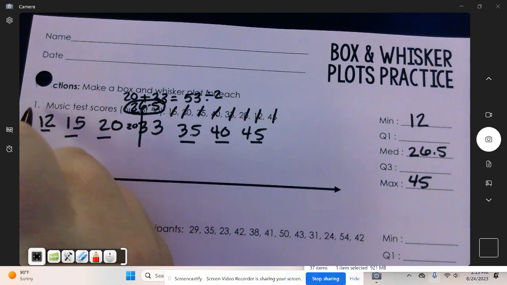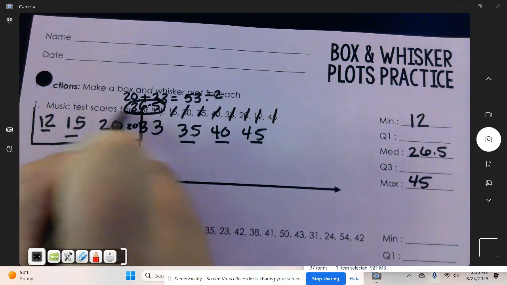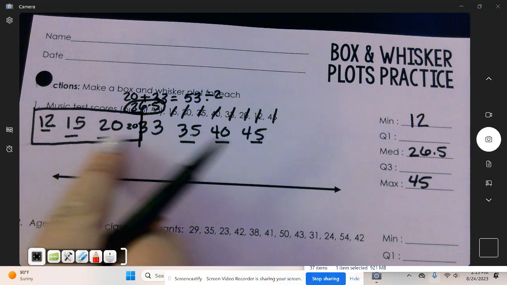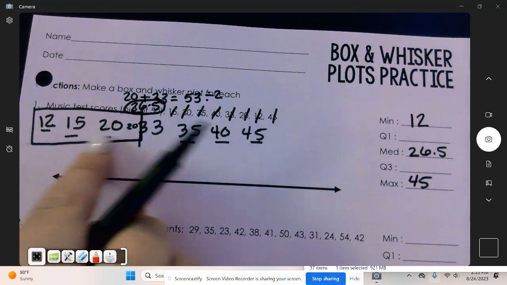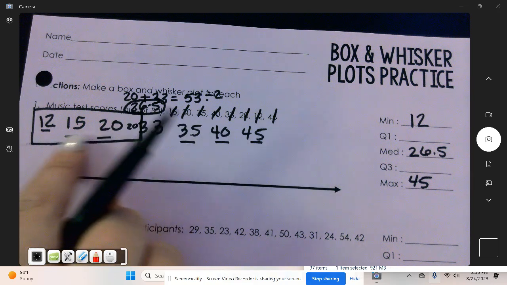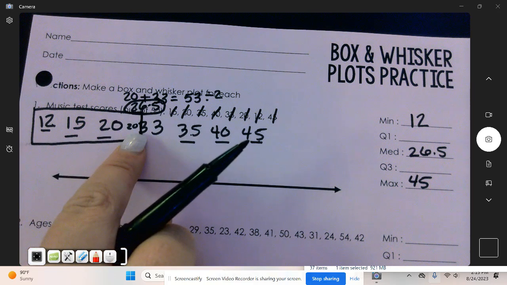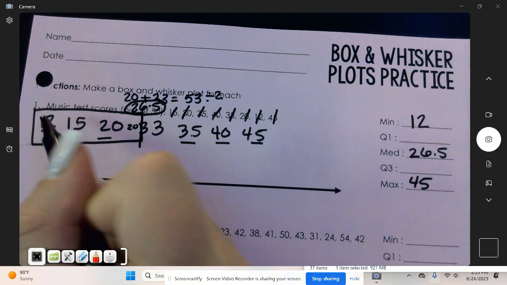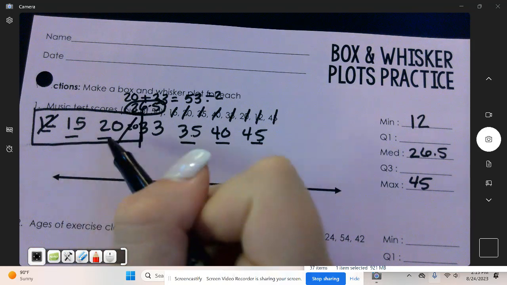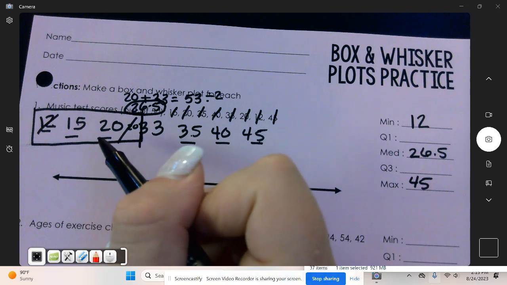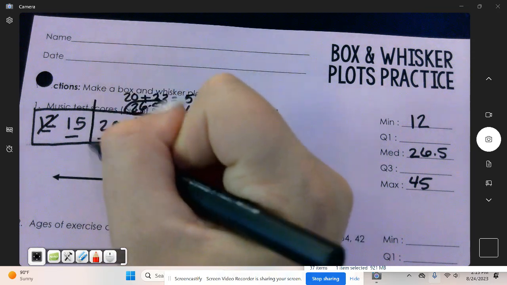Okay, so the way I do that is I box in my lower part. This is the lower quartile, the lower half of my data. So Q1 has got to come from the middle of these numbers. So now I can slash them because I'm not going to use them anymore. Back and forth. Once again, I get two numbers in the middle, so what do I have to do? Add them and divide.